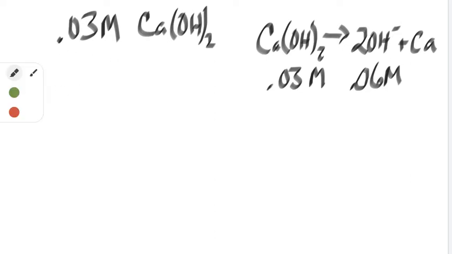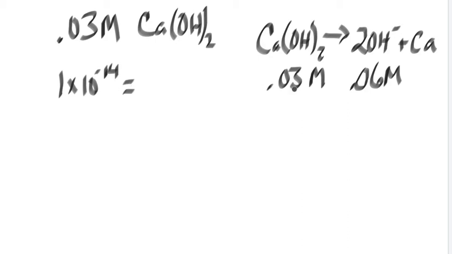So if we're looking for the pH of this solution, we need to know the hydrogen ion concentration. And in order to figure out the hydrogen ion concentration, we have to use the hydroxide. So again, we'll use that Kw. We know that 1 times 10 to the negative 14th for an aqueous solution, the concentration of the hydroxide times the hydronium or the hydrogen has to equal that 10 to the negative 14.